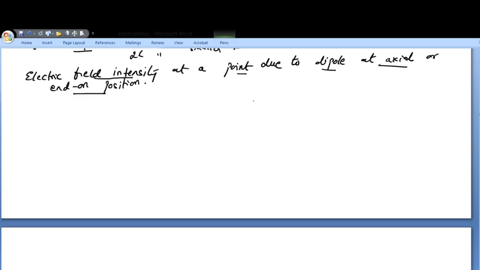See here, if I have a charge plus q here and a charge minus q here, taking this point as A, this point as B, and the center of the dipole as point O. Since I had been taking the length of the dipole as 2L, this is L and this is L. If you take the length of dipole as L, then it will be L by 2 and L by 2. So not involving fractions, that's how we had been taking the dipole length as 2L. Now we want to find out the electric field intensity due to this dipole at an axial point.